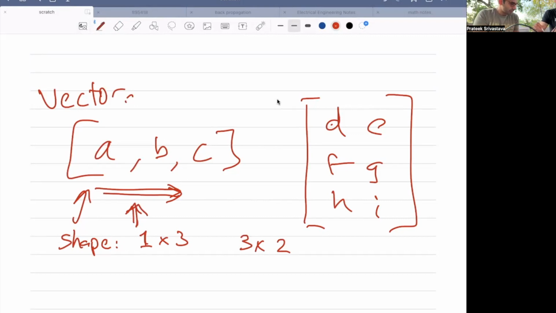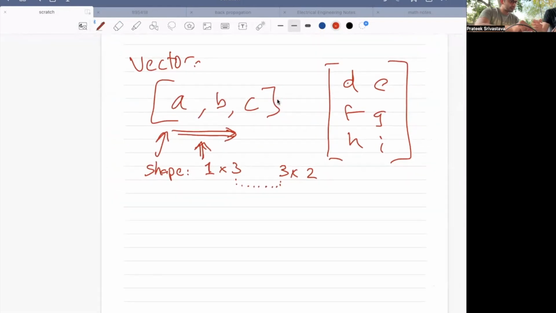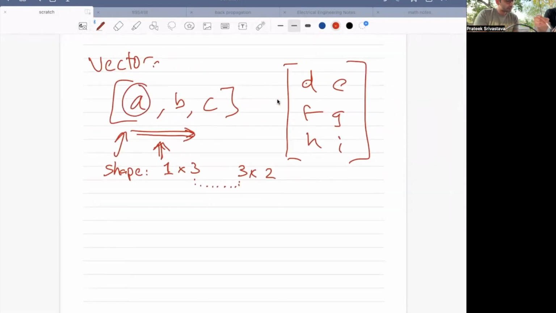All right. And now we are allowed to multiply these things together because these 2 numbers are the same number. And that works because the thing we do is we first take this thing and we multiply it by that thing. Okay.